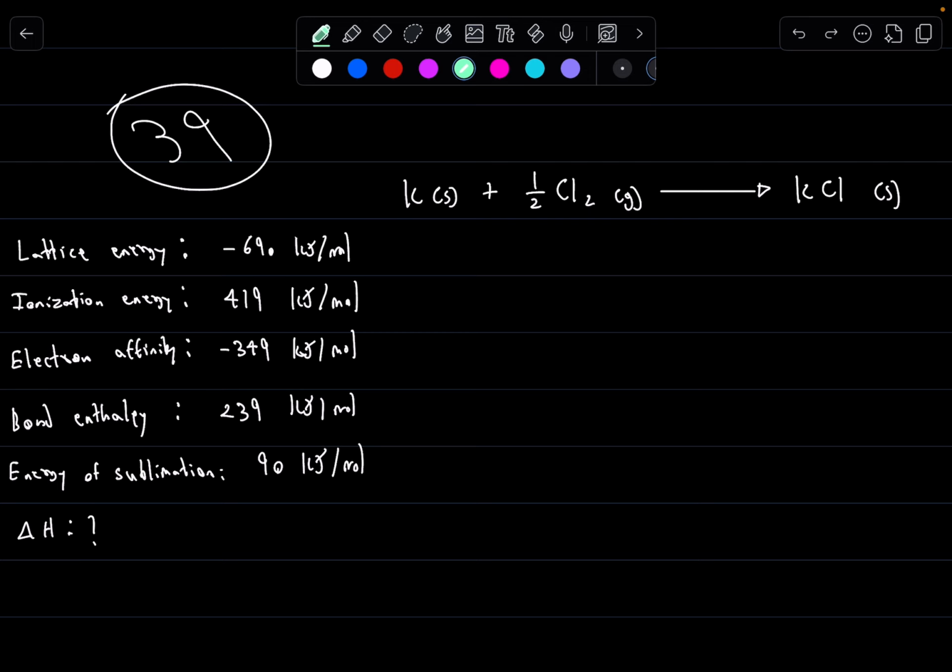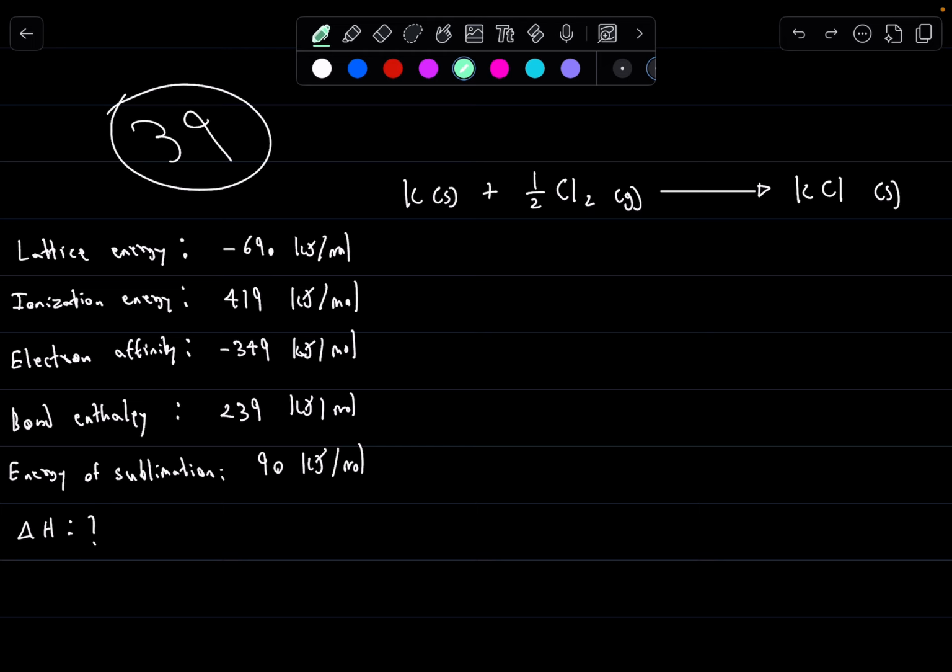First thing with this problem is I want you to actually understand what these words mean. I'm sure you know, but I'm gonna say just in case you don't know one of them. Lattice energy describes the energy for when two gaseous ions combine to form a solid, and the ion part is kind of important.